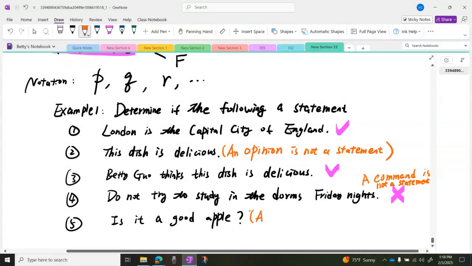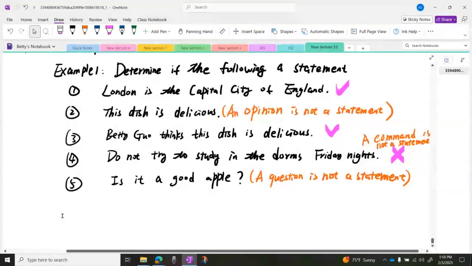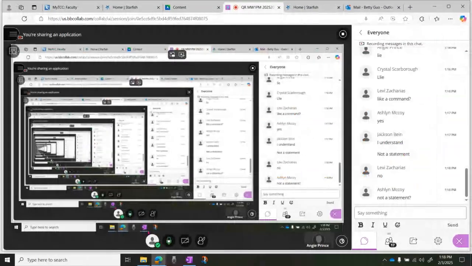A question is not a statement because it does not give us a fact or lie, right? It just poses a question. So it's not a statement. Yes, very good. Perfect. Awesome.